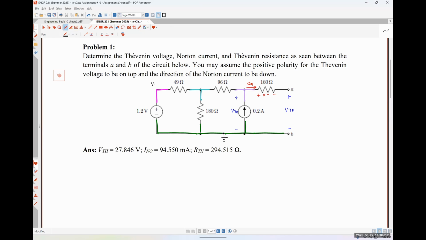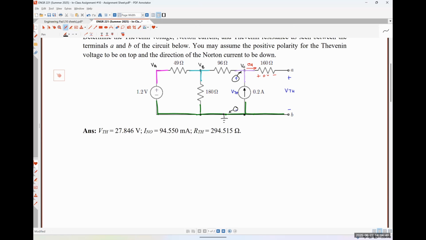So this will be our voltage VA, this will be VB, and this will be VC. And VC is going to be the same thing as our Thevenin voltage that we're interested in. Just to make sure you understand that, the positive polarity terminal of VTH is at node C, and the negative polarity terminal is here at ground. So VTH is equal to VC minus 0, or just VC.